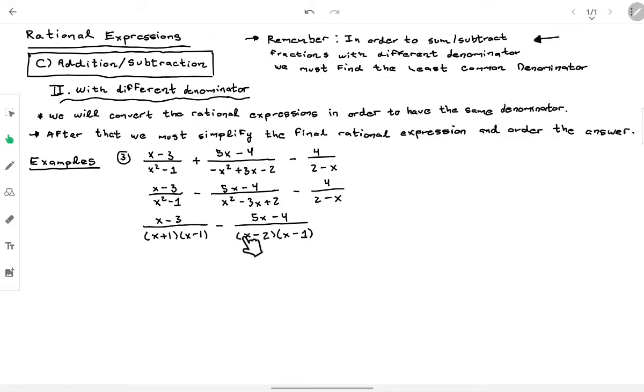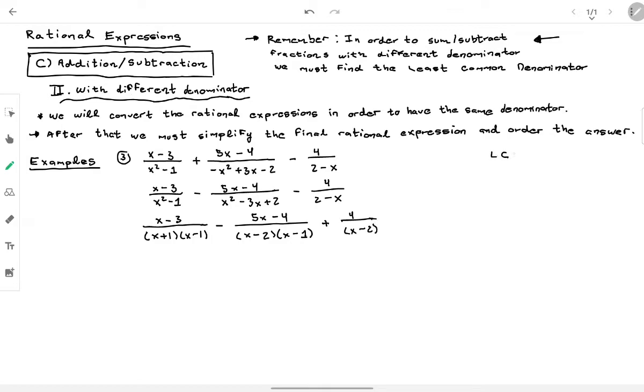Why? We have here x minus 2, and we have here 2 minus x. If we take out the negative sign, it will become an x minus 2, and it will be the same in this one and this one. So if we change the sign here, and we change the signs on the bottom, we will have x minus 2.